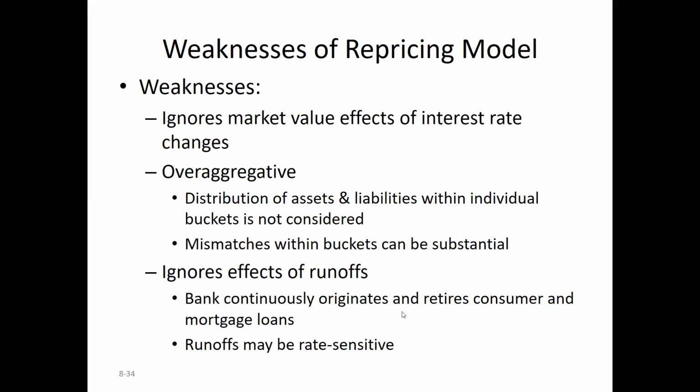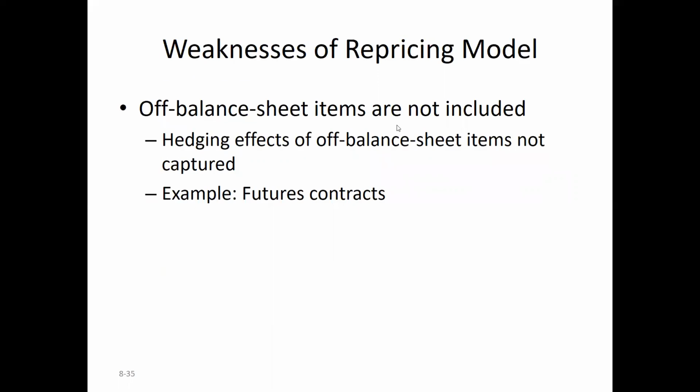Banks continuously originate and retire consumer and mortgage loans, so they don't take it into consideration. Another weakness is that off-balance sheet items, like futures contracts, option contracts and warrants, are not included in the repricing gap.